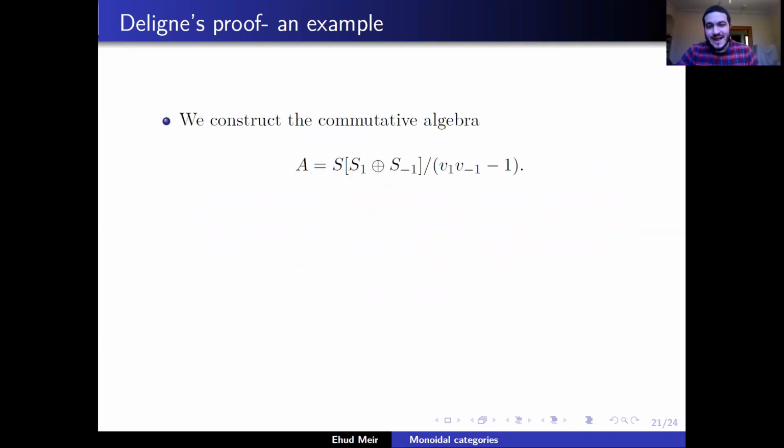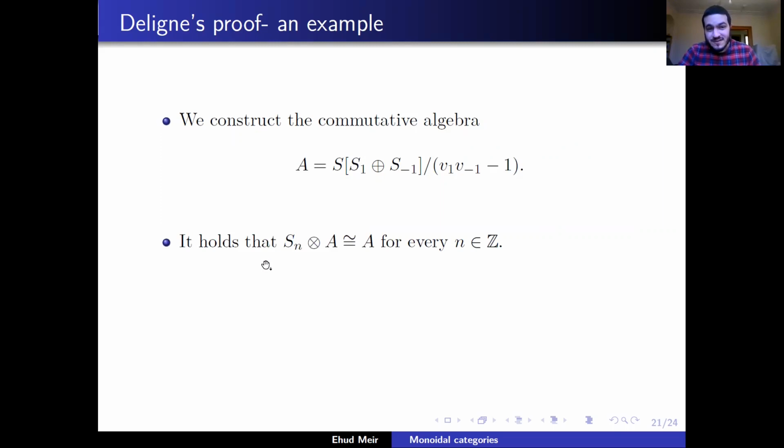Now, the algebra that I mentioned that we create, we take the symmetric algebra on the direct sum of S_1 plus S_{-1}, and we divide by the relation saying that v_1 times v_{-1} is equal to 1. So this all sounds like I'm doing things inside the vector spaces, but actually this algebra is something that I can define purely in categorical terms inside the category of Rep GL_1(K).